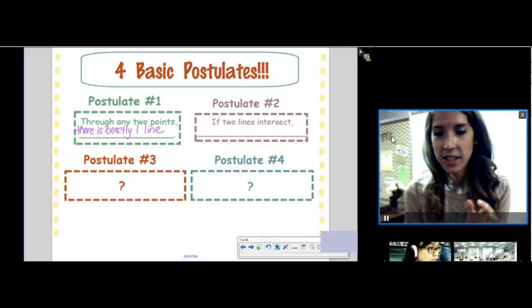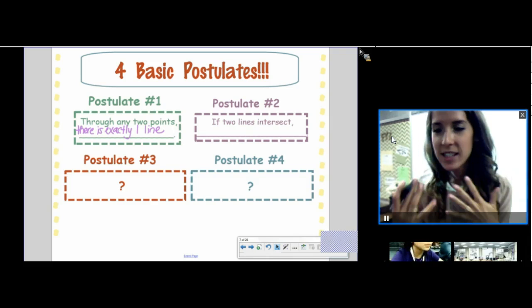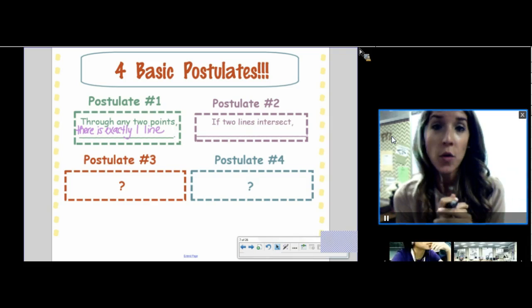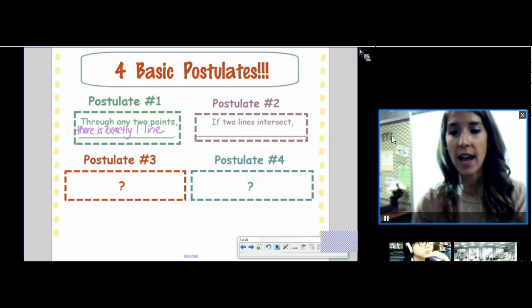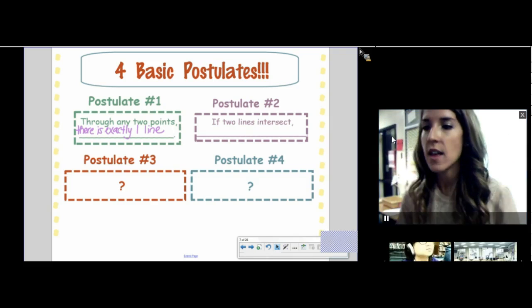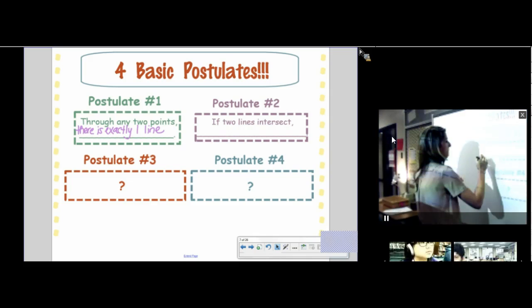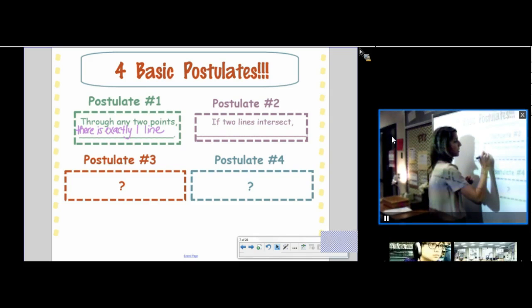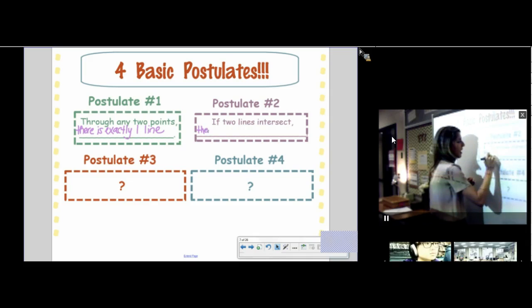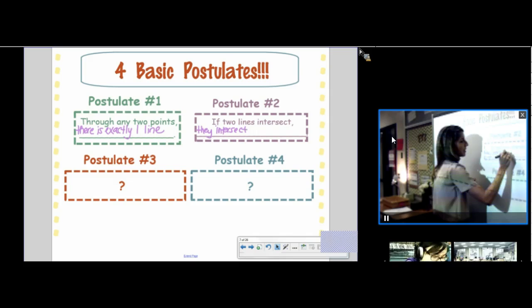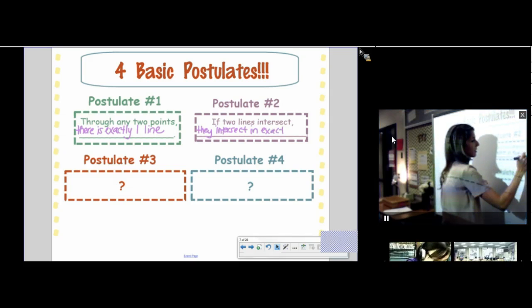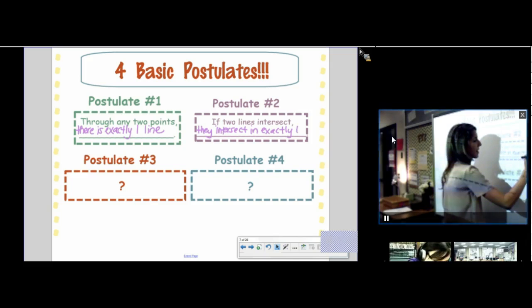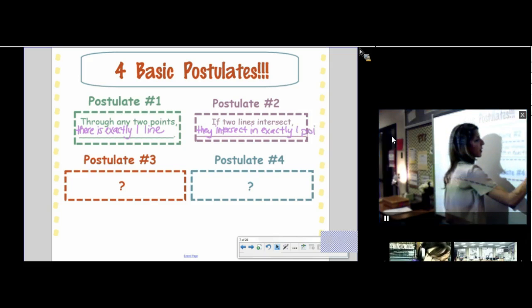Then we discovered that if 2 lines intersect, remember they don't have to intersect, but if they are going to intersect, then if 2 lines intersect, they intersect in exactly 1 point. Sorry, I ran out of room.